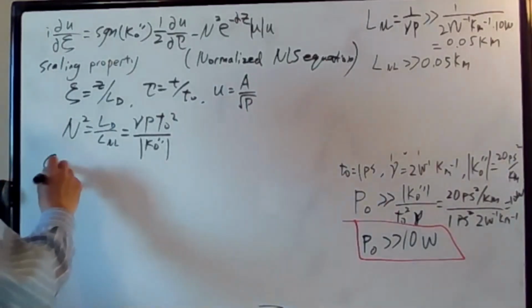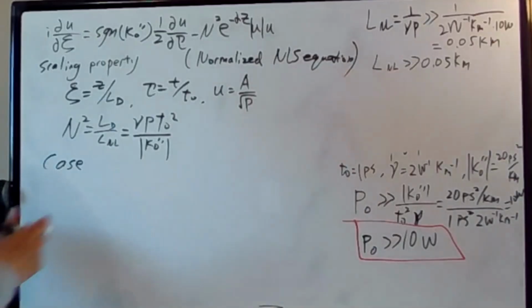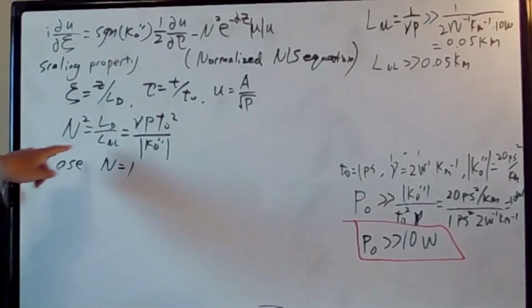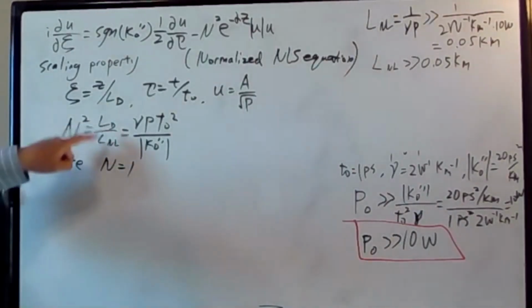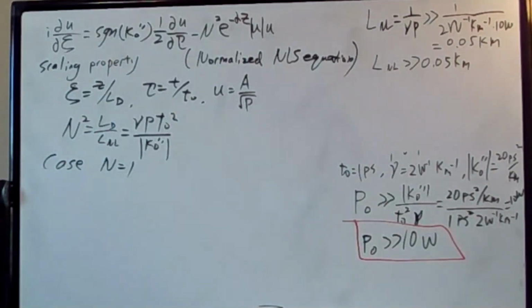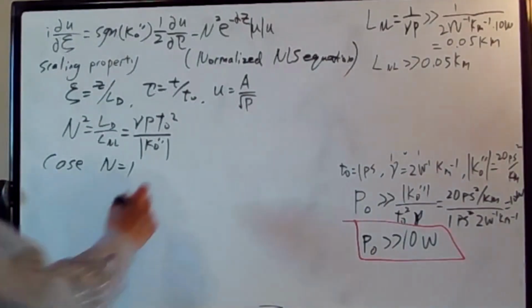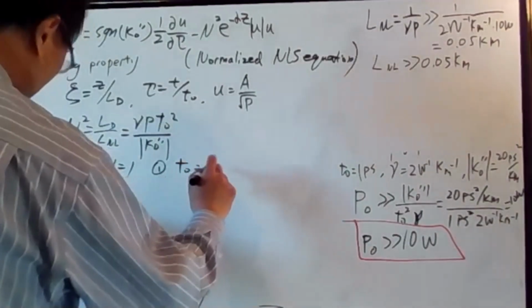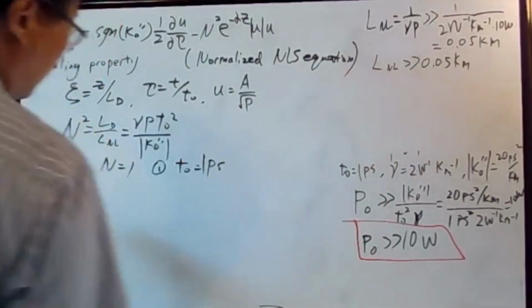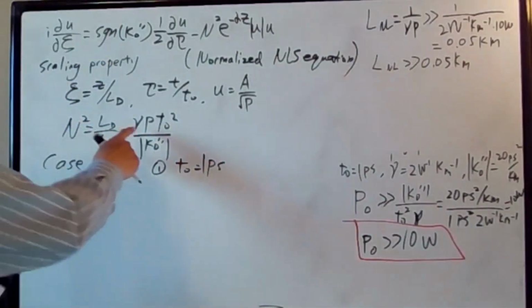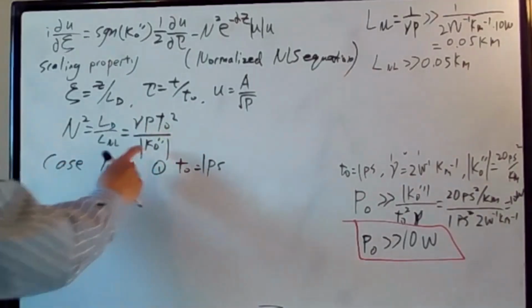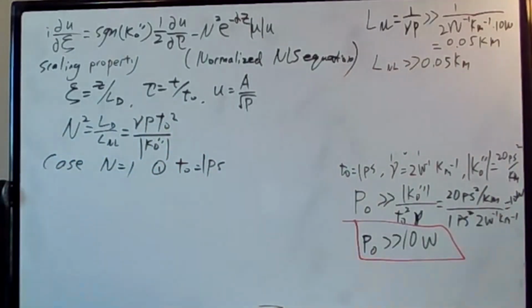So now let's see. In the case N equal to 1, what does it mean? When N equals 1, that means LD and LNL are the same, right? So in the first case, if I have T naught is 1 picosecond, we use, let's say, gamma and then K naught double prime.